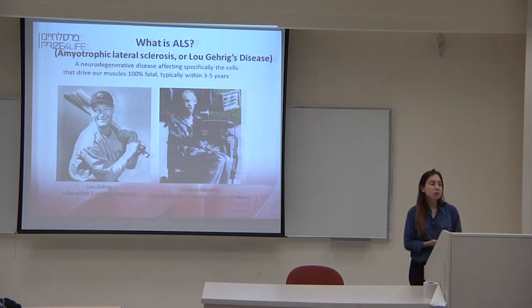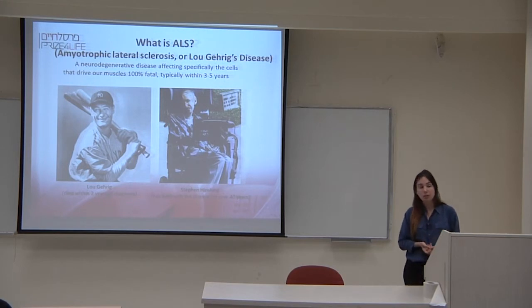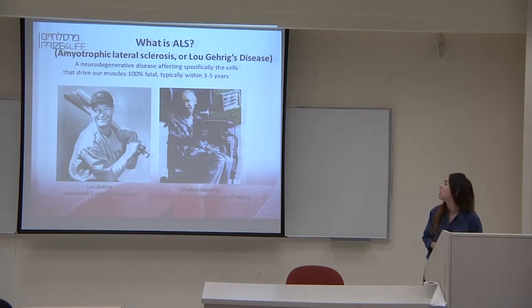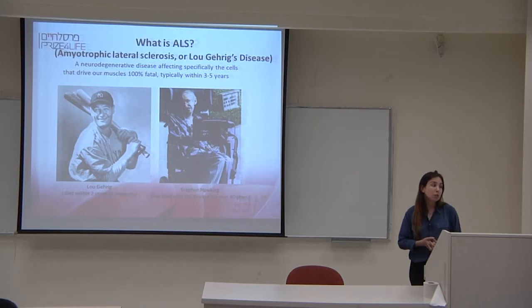The two most famous examples of ALS patients really highlight another aspect of this disease, and that's its heterogeneity. One of the most famous patients is Lou Gehrig, who was a baseball player. He was young and very athletic, of course. Still, he lived with ALS for less than 2 years before he died.